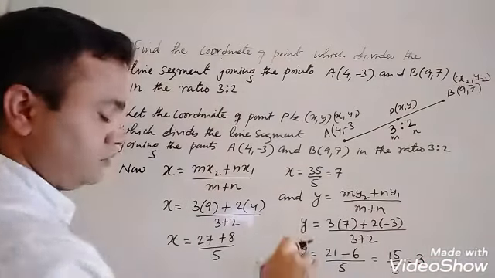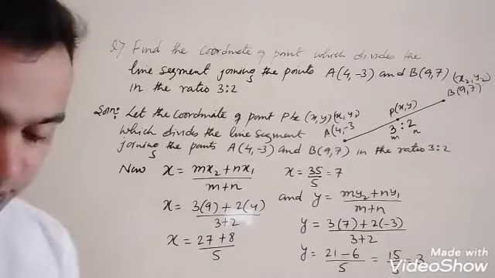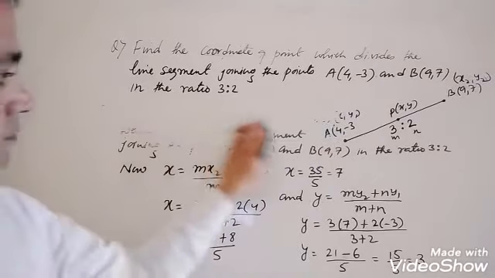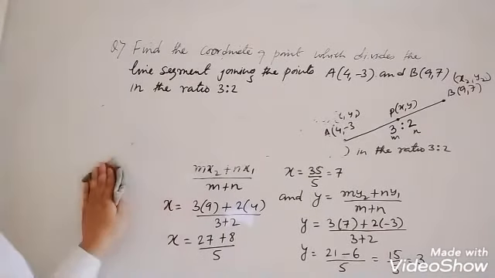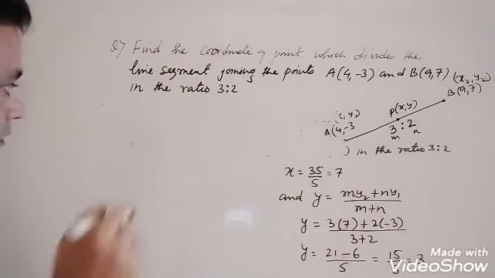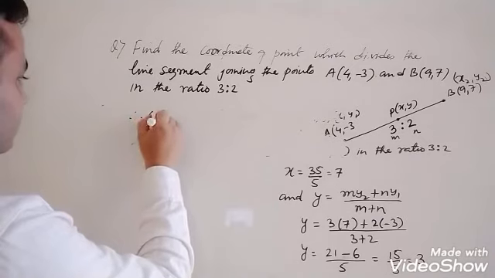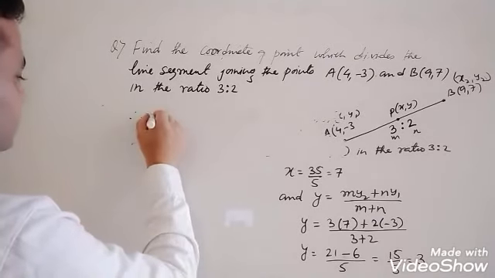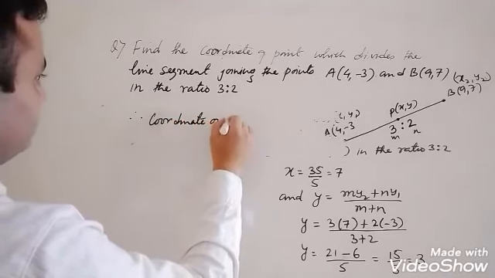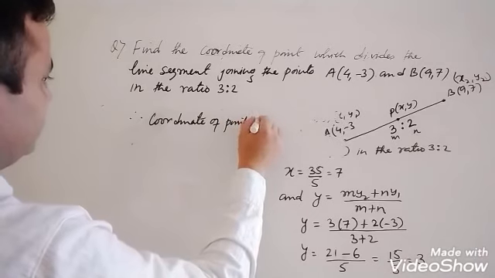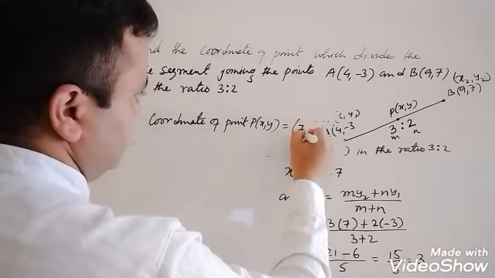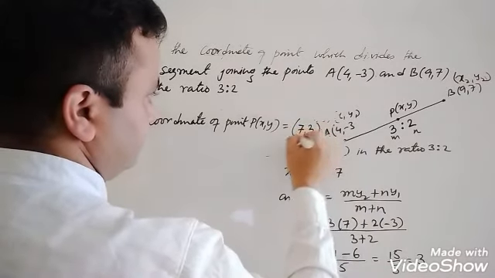So x is 7 and y is 3. Therefore the coordinates of point P, x comma y, are x is 7 and y is 3. This is the answer.